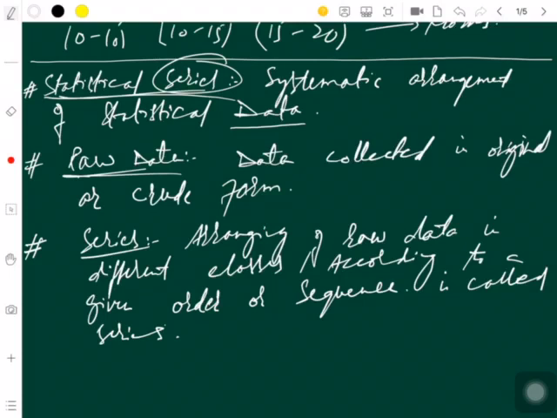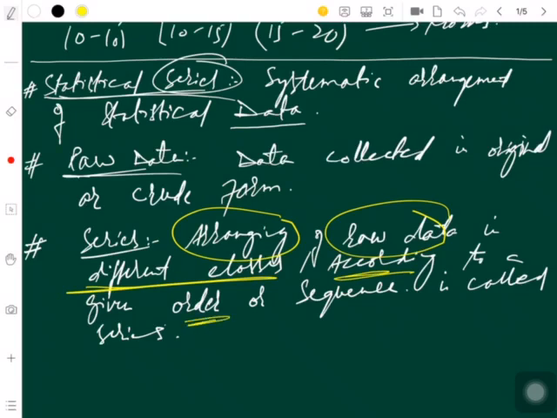What do I mean by series? Arranging raw data in different classes according to given order or sequence. That order may be on the basis of classification. Remember what I am talking about.